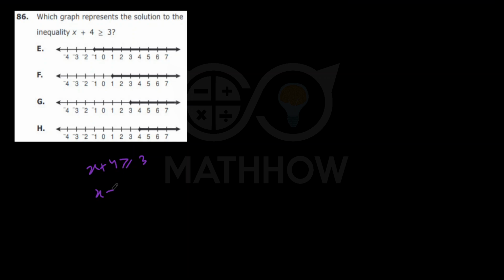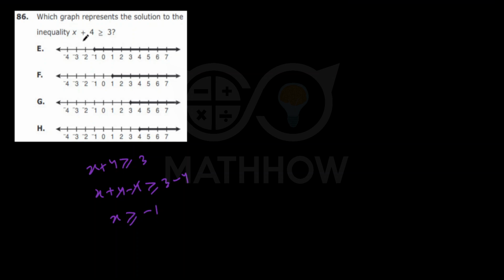Subtracting 4 on both sides to isolate x, x greater or equal to 3 minus 4. 3 minus 4 will be minus 1. So the solution is all the numbers greater or equal to minus 1. Equal to means minus 1 is also included.